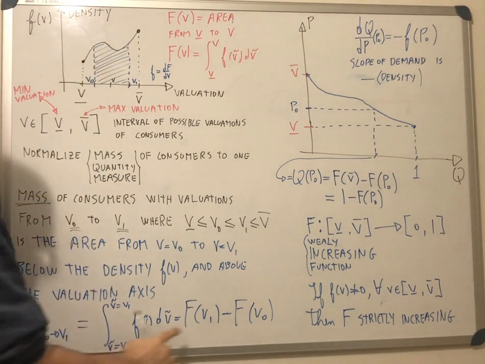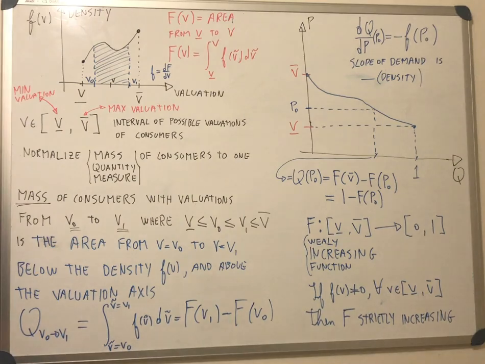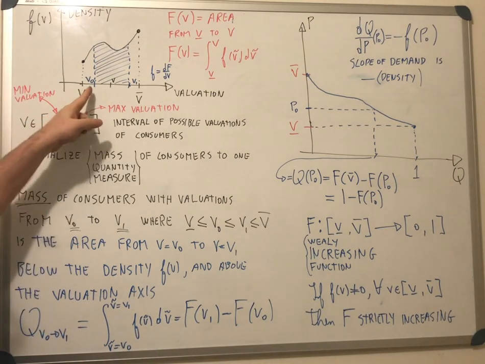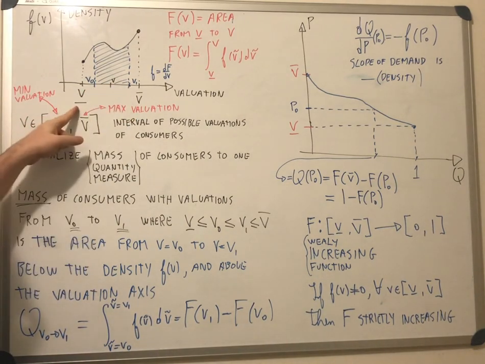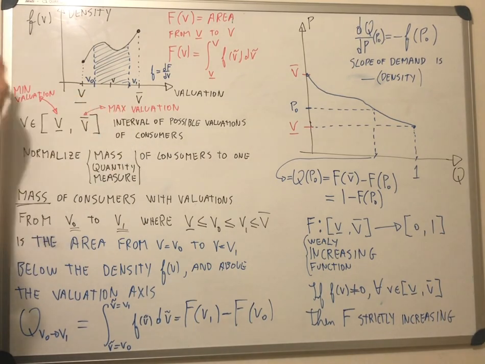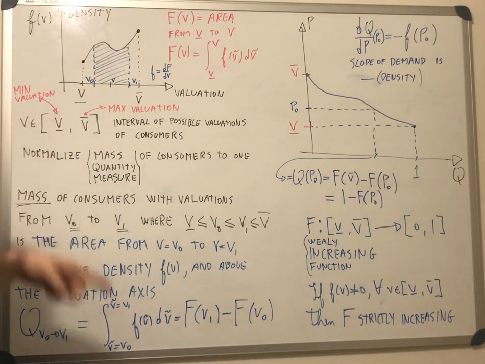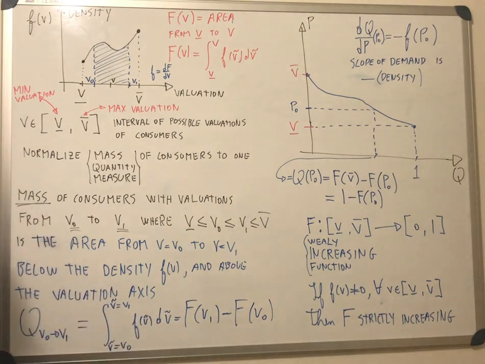So the area from V0 to V1 is the area from V lower bar to V1 minus the area from V lower bar to V0. That's what this formula is telling us.